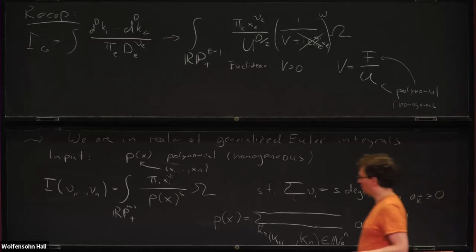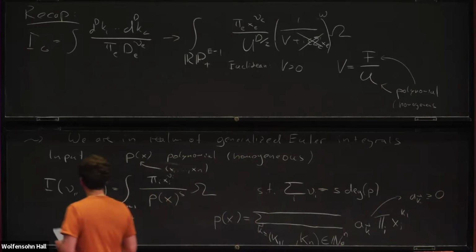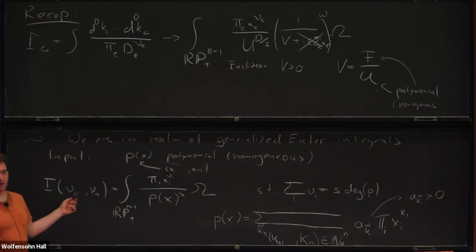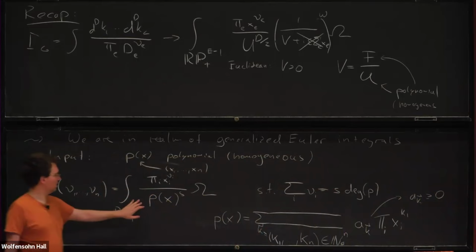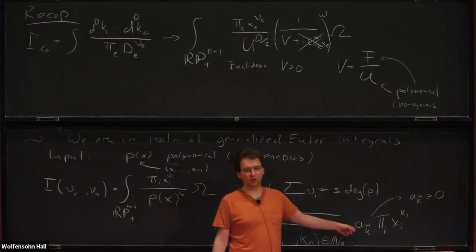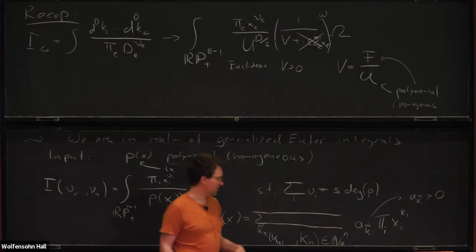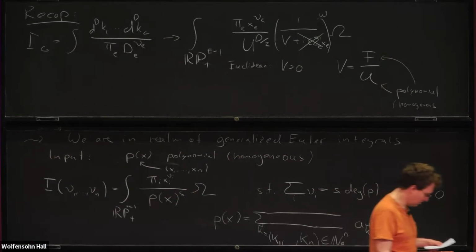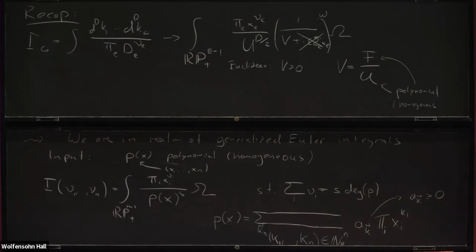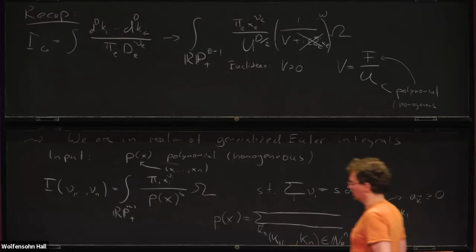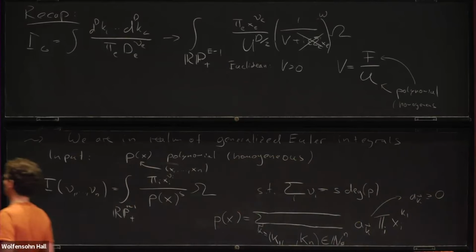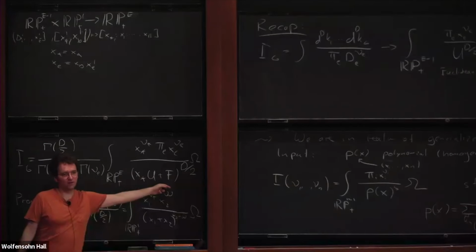There's one way to think about these integrals: as functions of these new parameters and of the coefficients of this polynomial. So we define a function in these nus and in these a_k coefficients. This is also the idea we take over from Feynman integrals, because Feynman integrals are also functions of the dimension, of the nu, and the interesting part is also the dependence on the masses and the momenta.